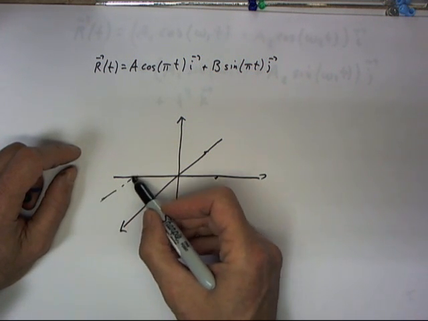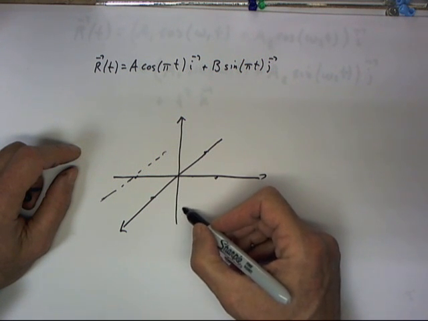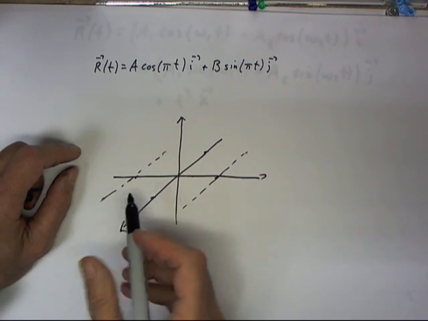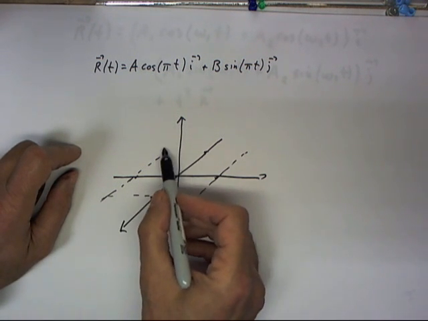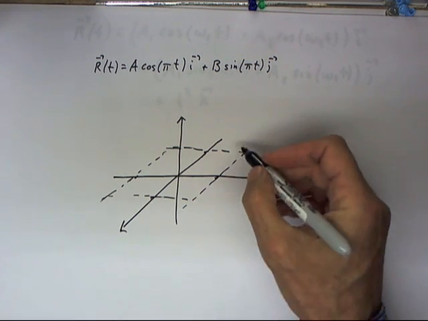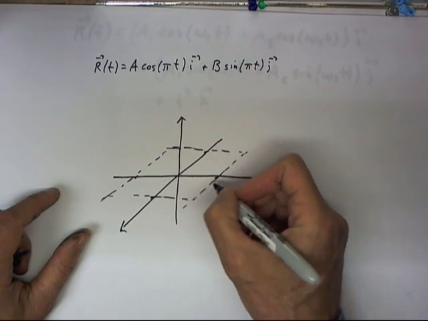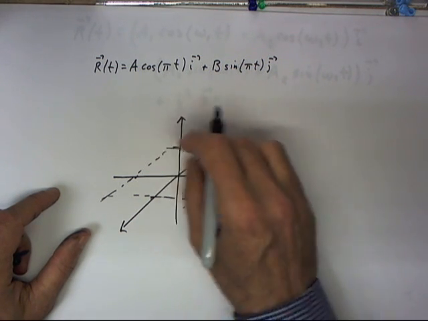So to make this sketch, we make our square, our rectangle in general. This is a circle, so we're going to be able to put it inside of a square with sides of length 2a.